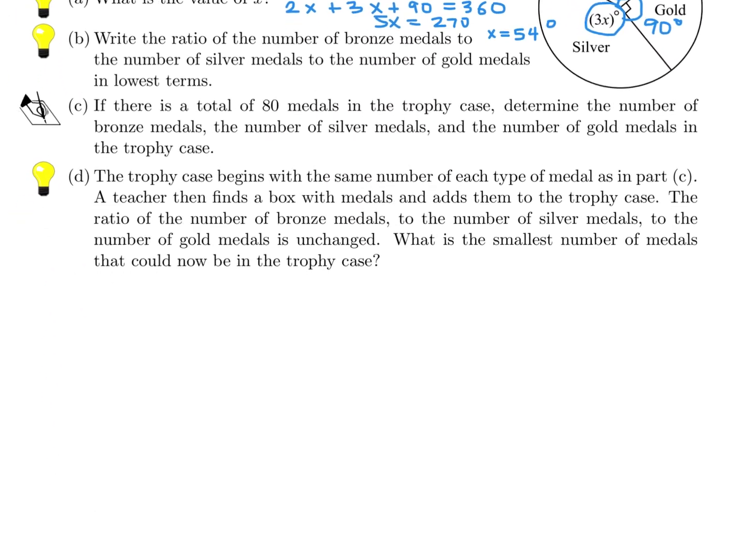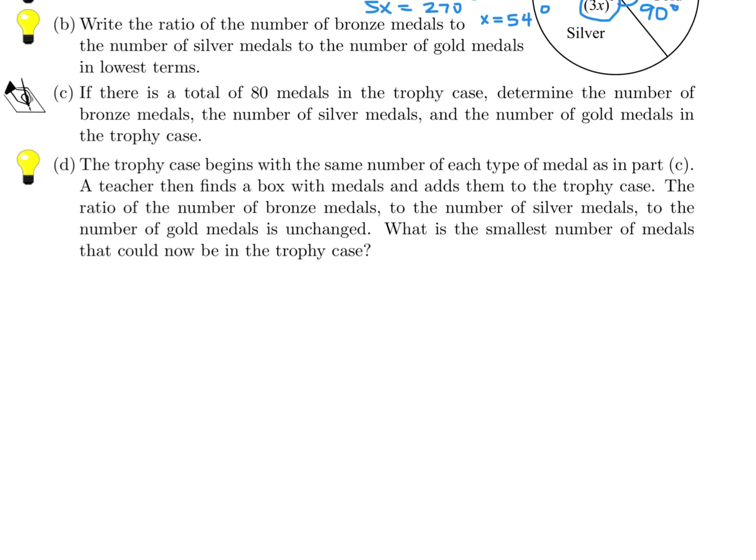Part C, if there is a total of 80 medals in the trophy case, determine the number of bronze, silver, and gold. Okay, that shouldn't be too bad. So we figured out that gold to silver to bronze was 5 to 9 to 6, right? That's the ratio. Now they're saying the total is 80, and we have to divide it in this ratio.